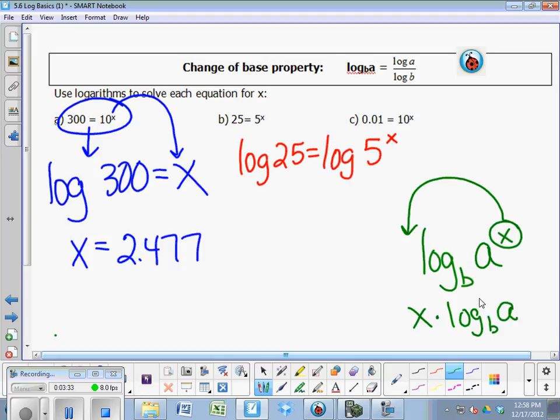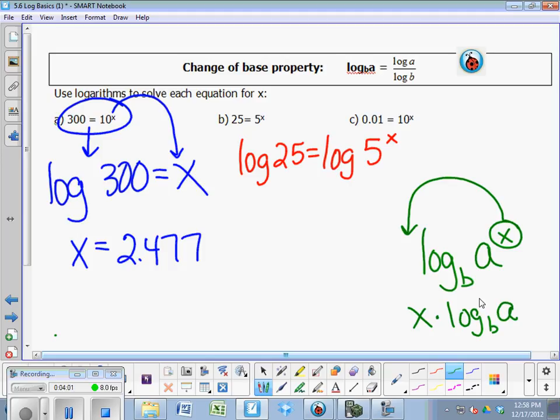It's related to the rule from earlier this chapter when we had an exponent to an exponent. Remember, this to the that? We were going to make a rap for it or something like that. This to the that. What did you do with those two exponents? Like x to the a to the b. What did you do with a and b? Multiplied them. It's related to that rule. We have the log to an exponent.